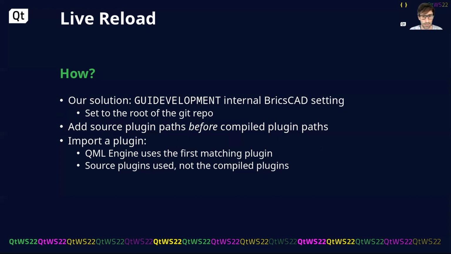This is a fixed order, so it looks at the paths one by one, and when it finds a matching plugin, it uses that one and stops the search. So when GUI development is set, we insert the plugin paths for the source folder, where the actual QML files are located, before the paths where we have the compiled plugins.